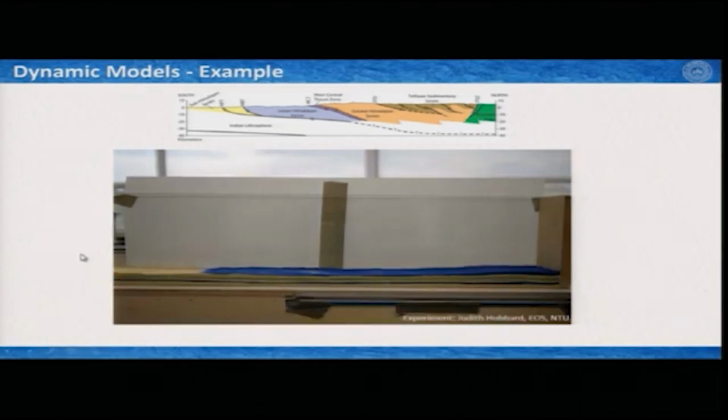These alternate yellowish, dark blue, then again yellowish, green, yellowish and dark blue are different sand layers analogous to the sedimentary layers, and you see deformation has already started, the belt started moving from this side.